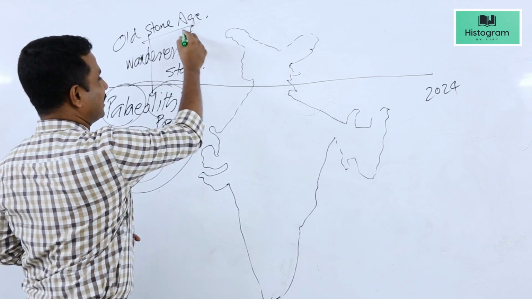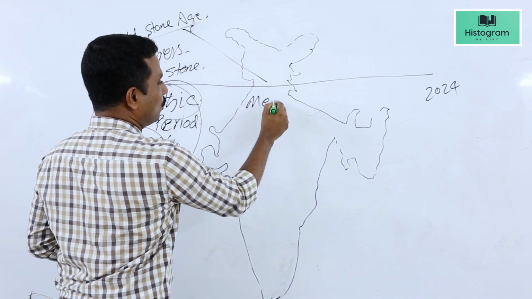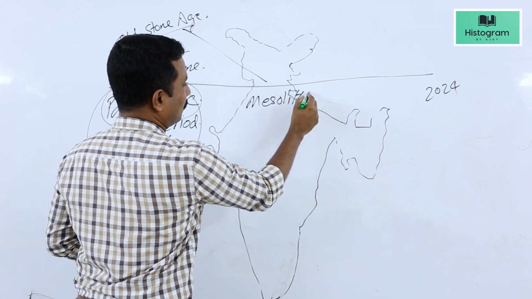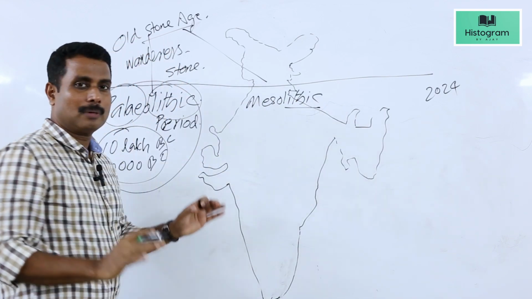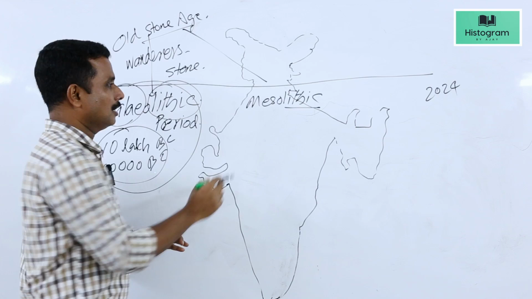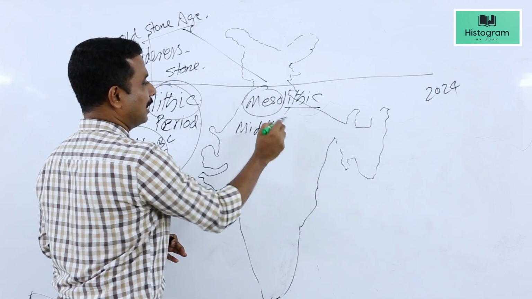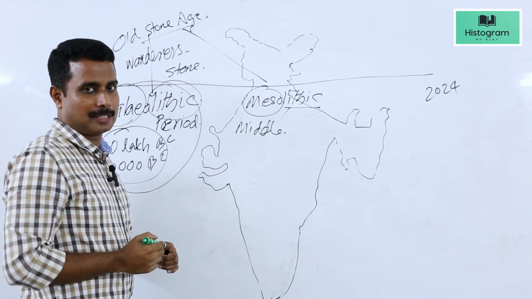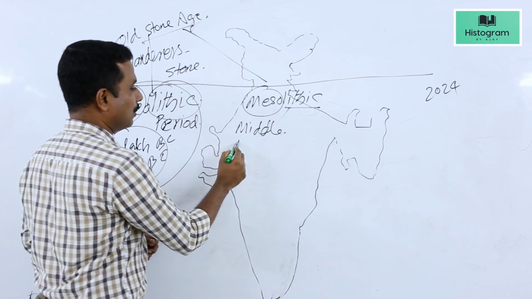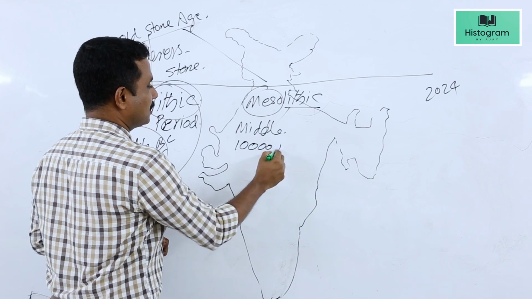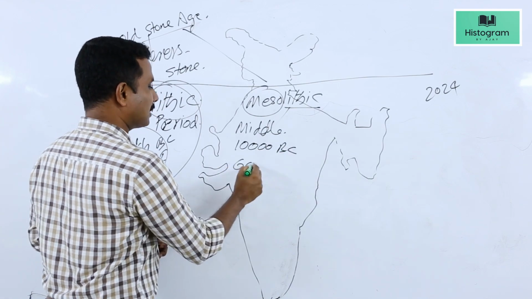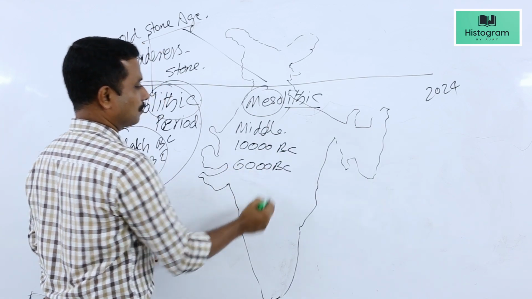So the next stage is Mesolithic. Here again there is the term lithic, that means stone. Meso means middle. So that means middle stone age. This is roughly from 10,000 BC to 6,000 BC.